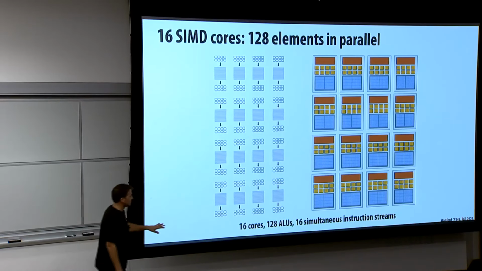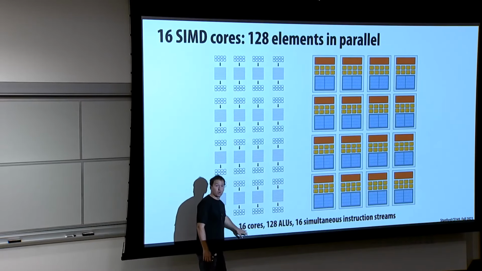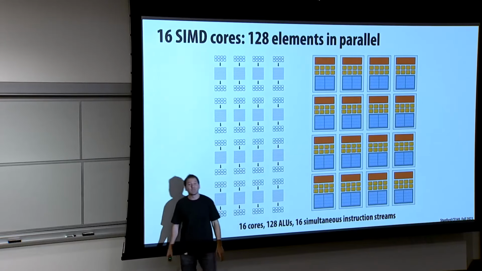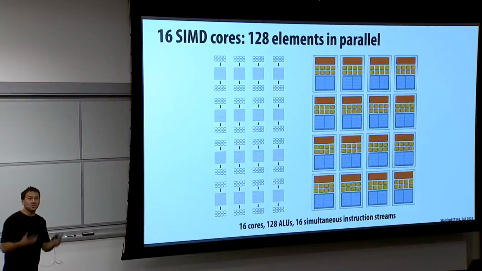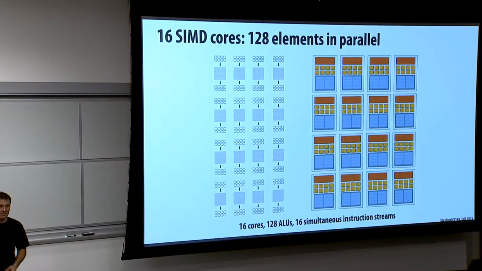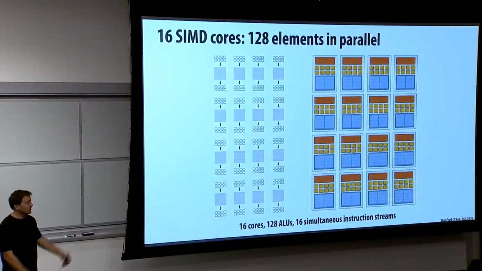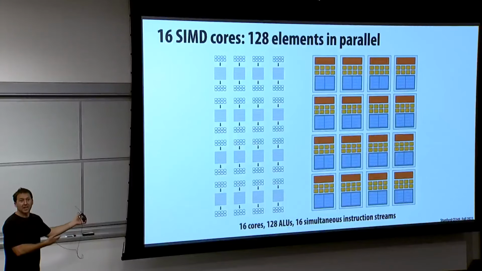So altogether, my chip has 16 cores, 16 instruction streams, 16 times 8, or 128 execution units, which means I can do work on 128 pieces of data at once. So arguably, I could maybe be going 128 times faster on the 16-core chip.